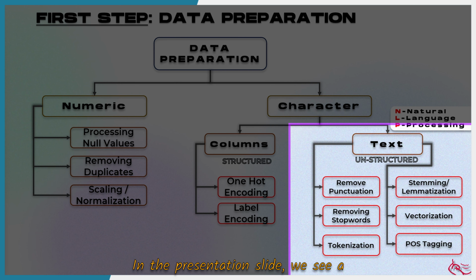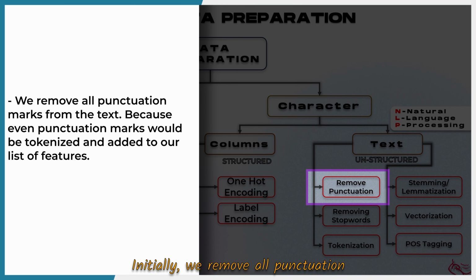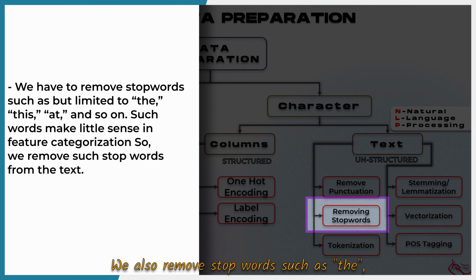In the presentation slide, we see a general workflow for processing text data. Initially, we remove all punctuation marks from the text to avoid tokenizing them as features. We also remove stop words such as the, this, and at, as they do not contribute much to the document categorization or sentiment analysis.